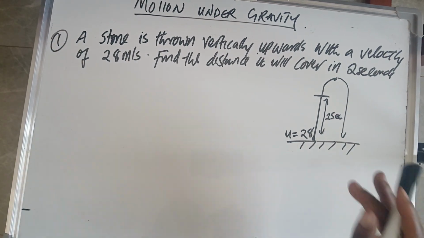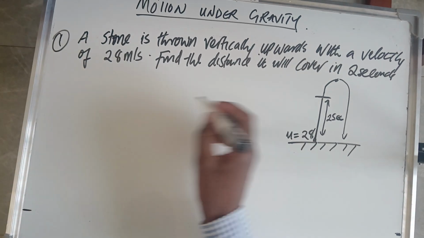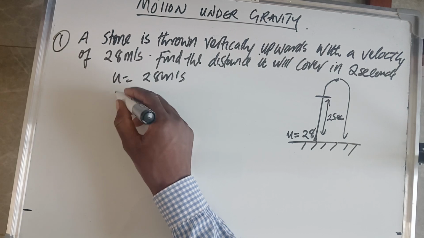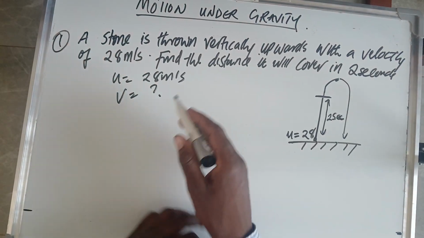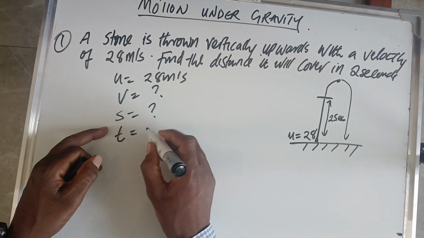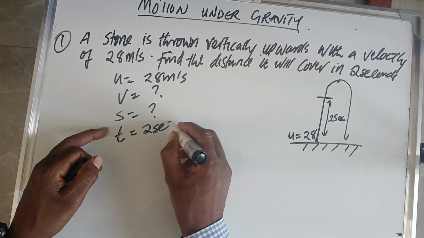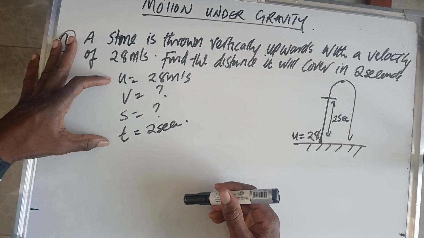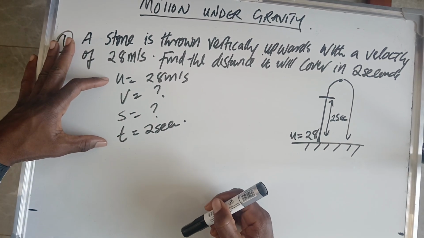Now, we still use the same thing. We collect data. We say initial velocity is equal to 28 meters per second. Final velocity we are not given. Then we are asked to find the distance, whilst we are given time to be 2 seconds. Now, from the equations of motion, you can tell which one you can use.